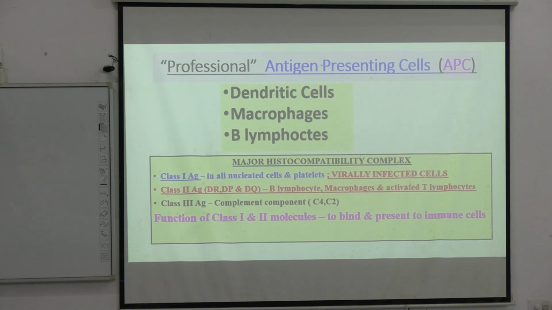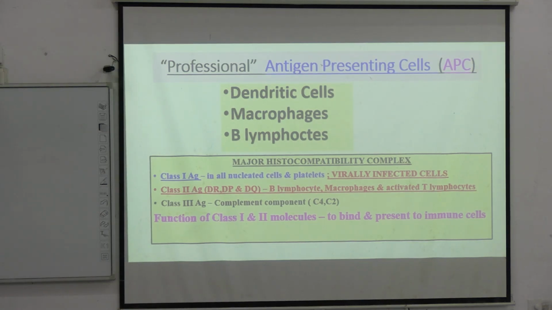Okay. And yesterday I told you about the major histocompatibility complex in connection with bone marrow transplantation. Actually, the antigens are presented with the MHC molecules, that is major histocompatibility complex molecules. Now, in connection with bone marrow, it is related to class 2 antigens, but we get infection from virus.